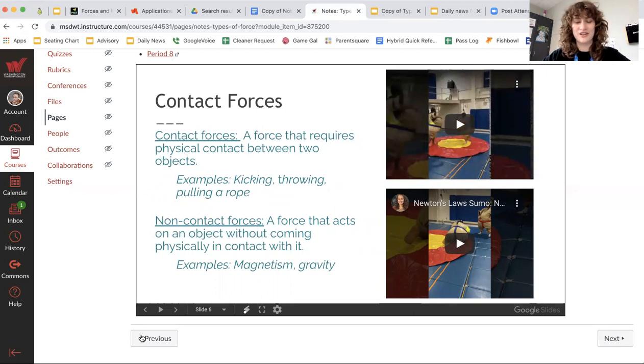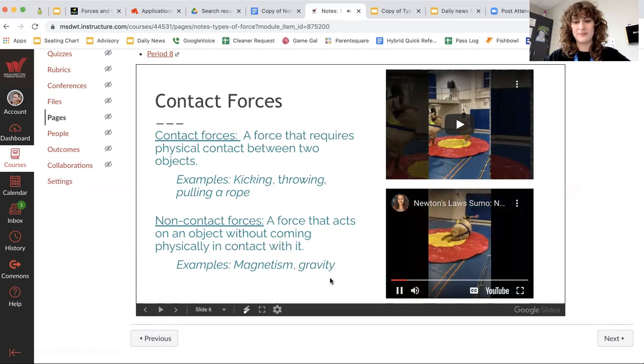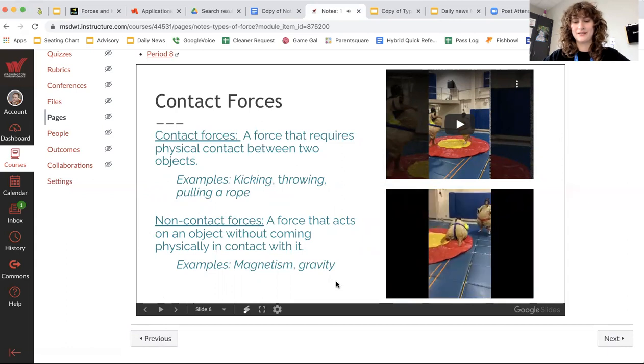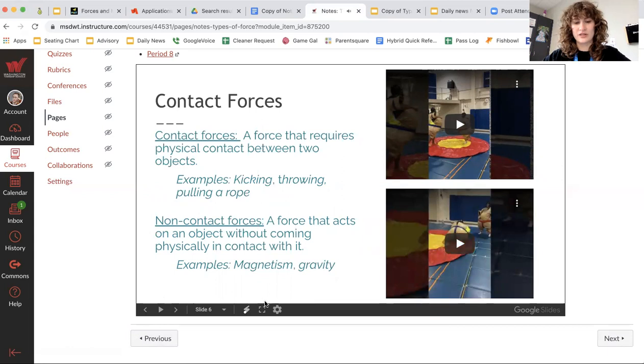Some of those forces are non-contact forces. They can act on an object without coming physically in contact with it. For example, you can slow-mo that. Here's gravity affecting Mr. Newsom without anything actually touching him. You can say the ground is touching him, but he's not being glued to the ground. It's just gravity that's preventing him from getting back up.